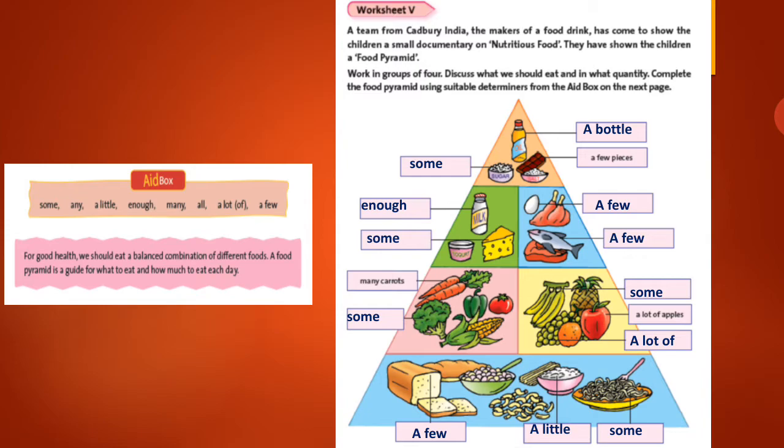Okay, we can say that for any fast food, that is a little, and some noodles. So this is how we use these determiners to show the quantity. Let's move to the next slide.